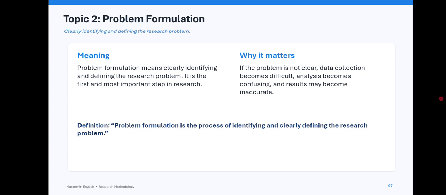Data collection becomes difficult because the problem is not clear to the researcher, and results may become inaccurate. So it's very important to identify the problem first before doing research. Therefore, researchers first identify and define the problem properly. Problem formulation gives direction, clarity, and focus to research.